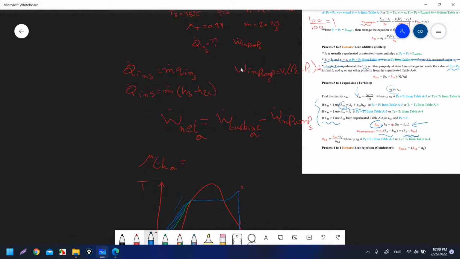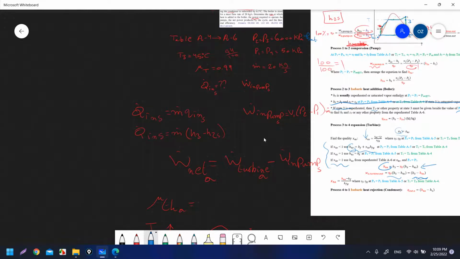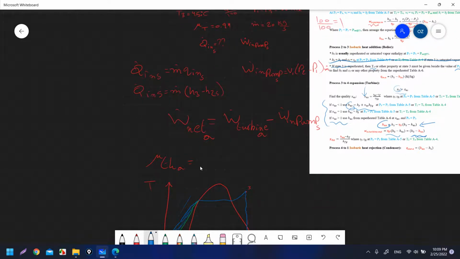He needs the power, so we need to multiply with the mass flow rate. Also, we need to find the thermal efficiency.